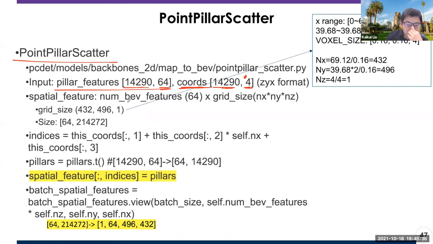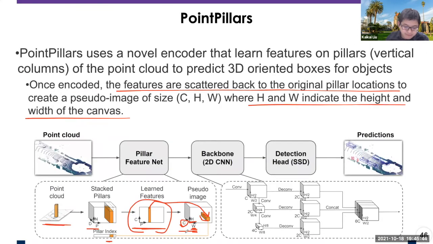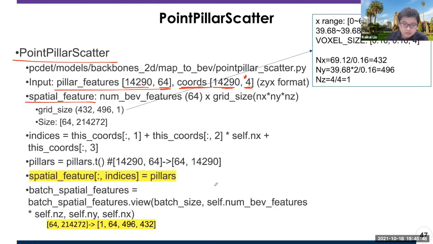So what we do is we generate a spatial feature, a new one. The spatial feature is like this bird's eye view feature. The channel of the bird's eye feature is 64, because here we have 64 features, and that's the same thing. Then the grid size.